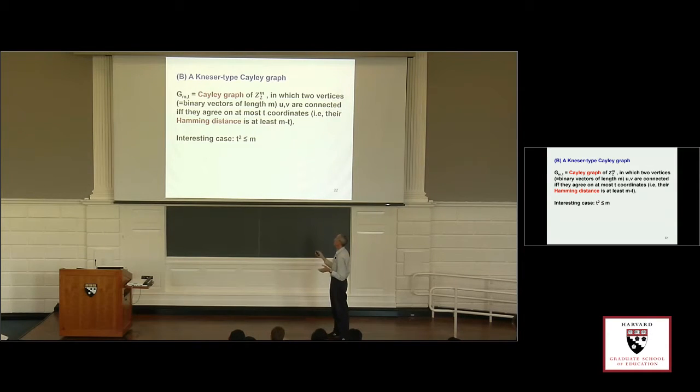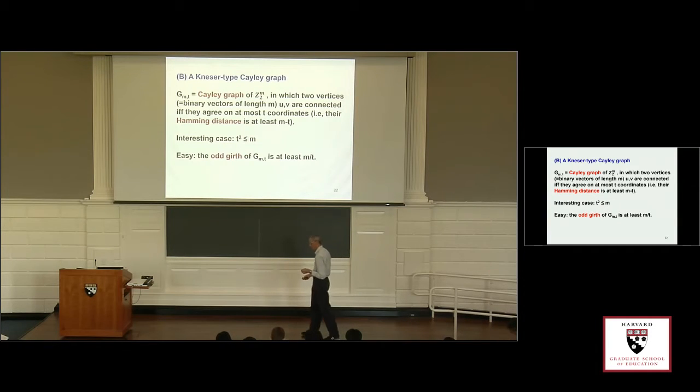But anyway, we can define this graph, and it's not difficult to see that the odd girth of it is at least m over t, so it is big. And it's just because every two adjacent vertices are nearly antipodal, right? So if you start somewhere and you want to close an odd cycle, but you always go to a nearly antipodal point, you have to go quite a bit until you close an odd cycle. So this is the reason why the odd girth is big.